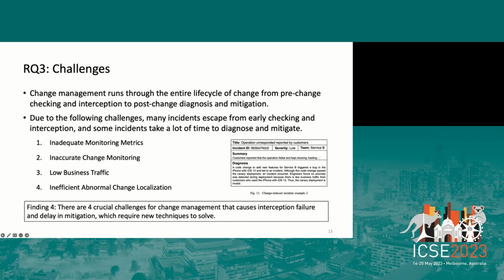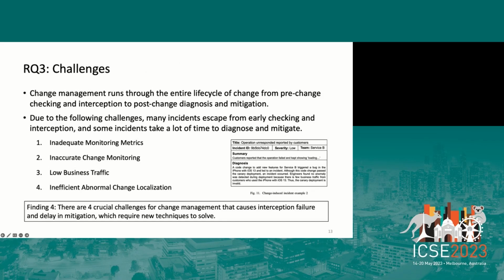Finally, change management runs through the life cycle of change from pre-change checking and interception to post-change diagnosis and mitigation. However, there are still many instances escaping from early checking and interception, and some instances take a lot of time to diagnose and mitigate. Similarly, incident reports usually contain the reason for interception failure and delay in mitigation.